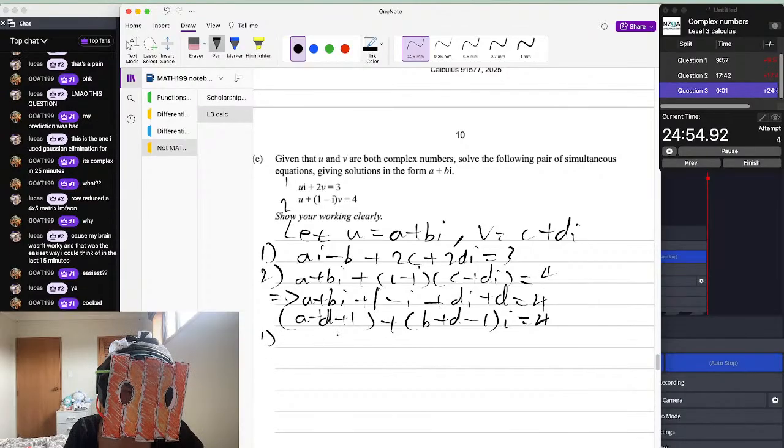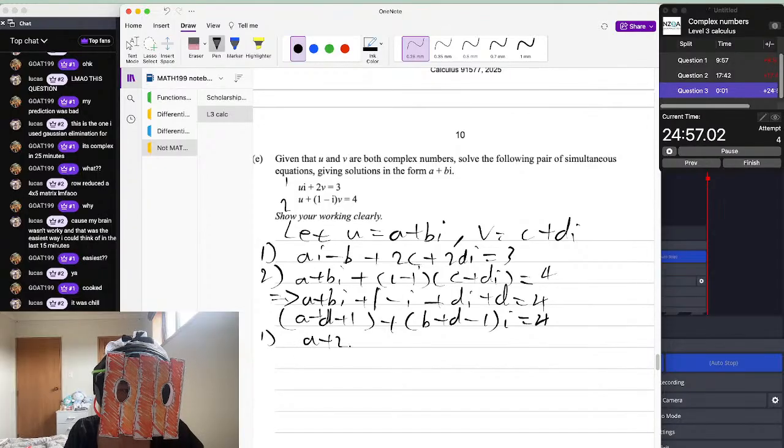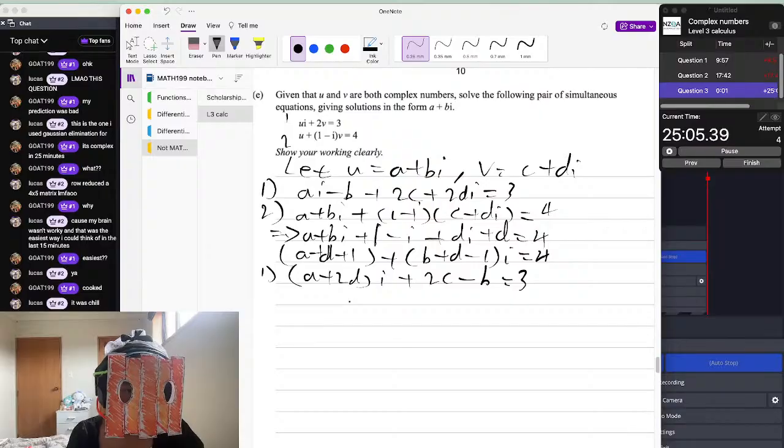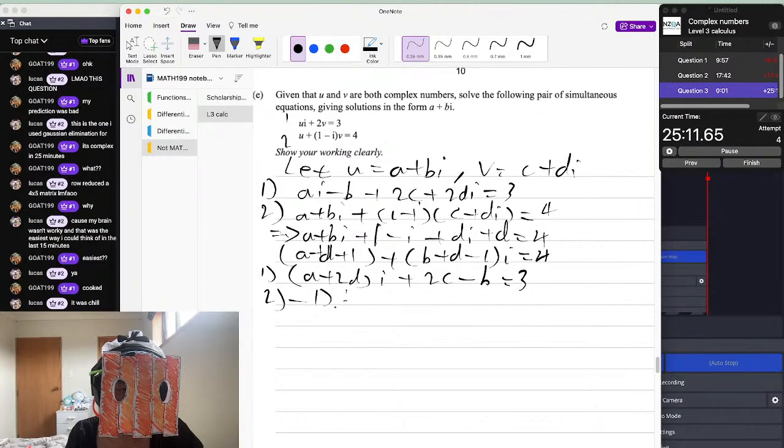Whereas for the first, that will be a plus 2d i plus 2c minus b equal to 3. Okay, sick. Now we just need to mark.